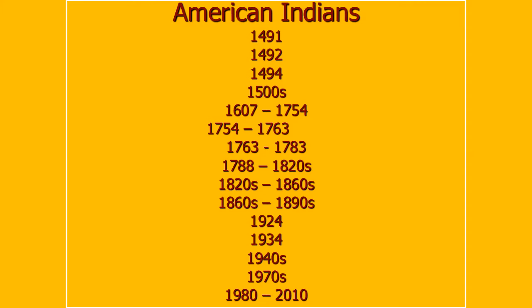The Seminole Indians, if you know anything about Florida State, are going to be located in Florida. The Cherokees are going to be moved out of Georgia, so of course that's where the Cherokees are primarily located. And then the Sioux Indians are going to be in the Great Plains.